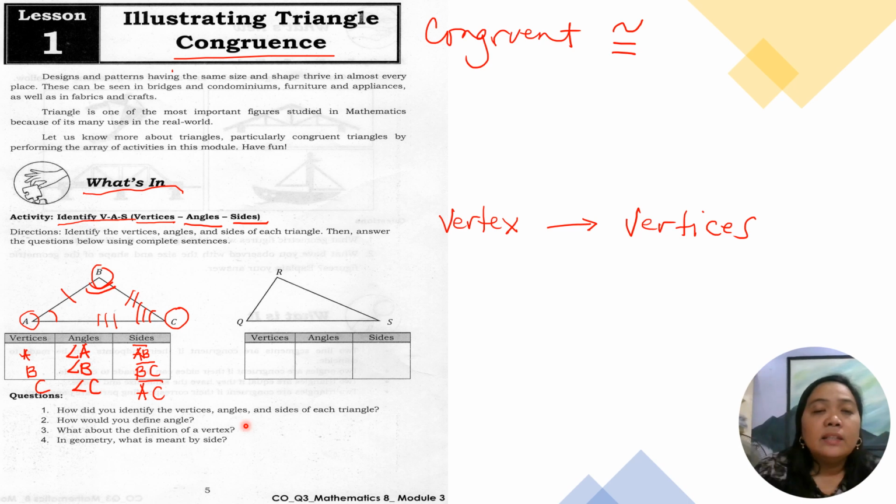So again, it's your turn to complete identifying the vertices, angles, and sides of triangle QRS. This time, I will leave triangle QRS to you to write the vertices, the angles, as well as the sides. You may now begin.